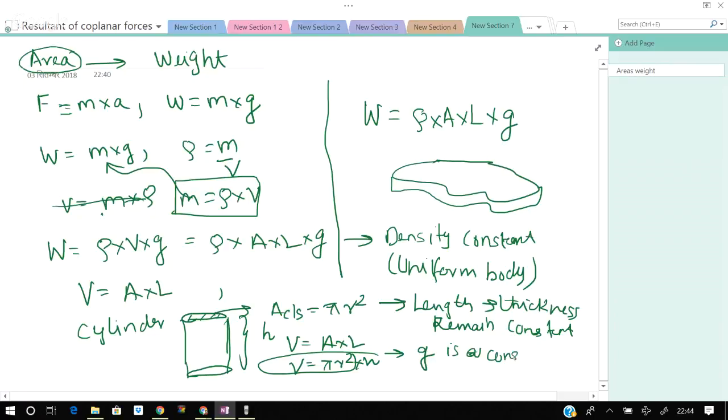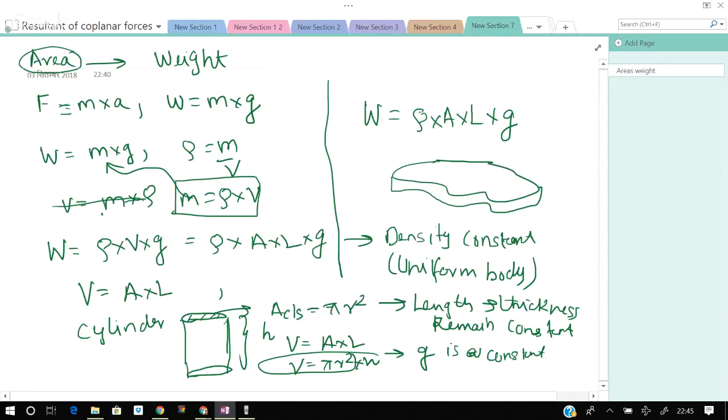So we are not experimenting this part in space or on the moon or under the earth or above the earth at some altitude. We are learning the centroid and center of gravity at the sea level. So over here the three quantities are constant.